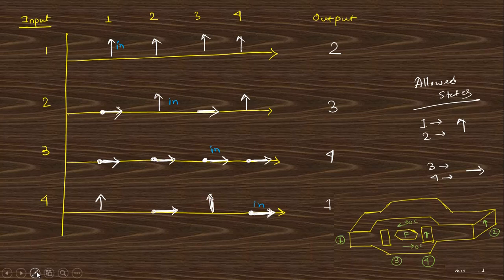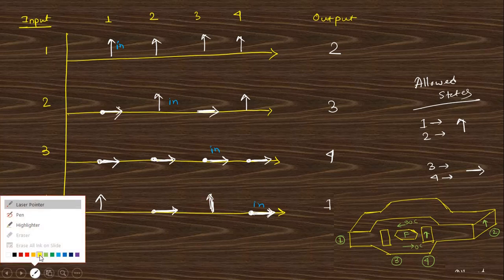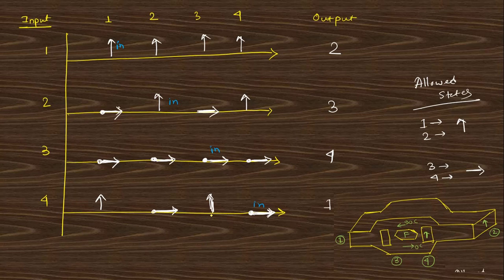Actually, there is an error: not a clockwise rotation along that direction. Along that direction, clockwise rotation. Actually this is allowed, and this perpendicular will be allowed, and this horizontal will be allowed.